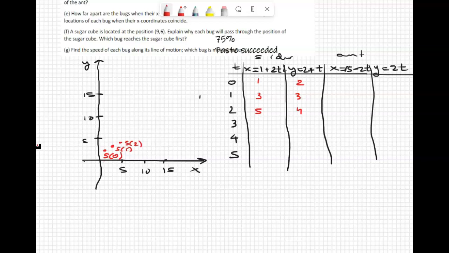At 3, 1 plus 6 is 7, and 2 plus 3 is 5. You can see that x is increasing by 2 and y is increasing by 1, so we can do it that way instead of plugging in each time. At 4, this is going to be 9 and this is 6.